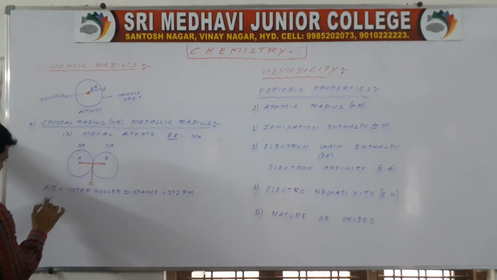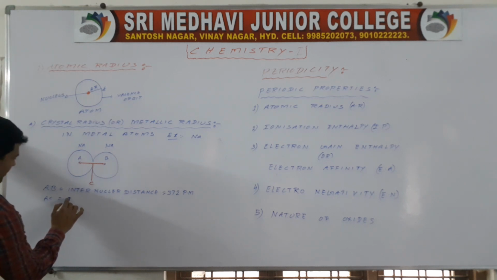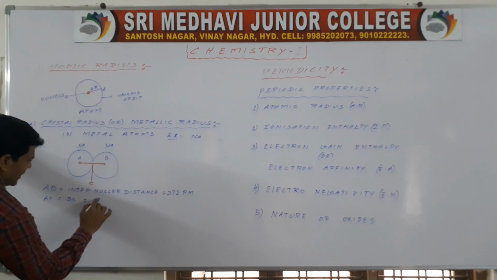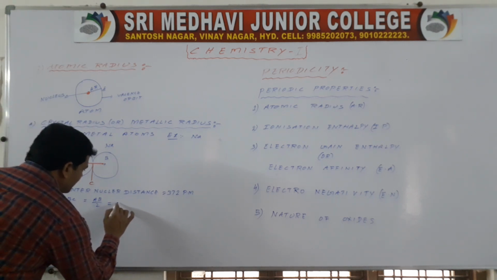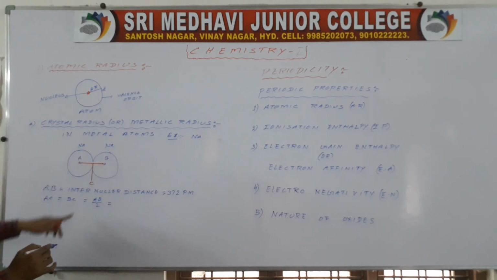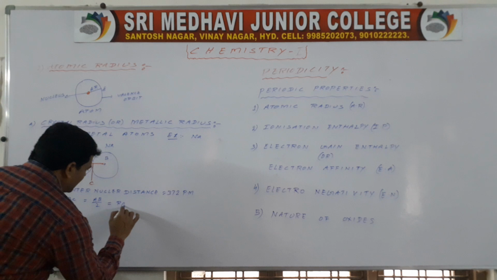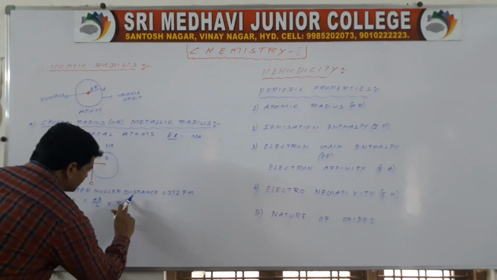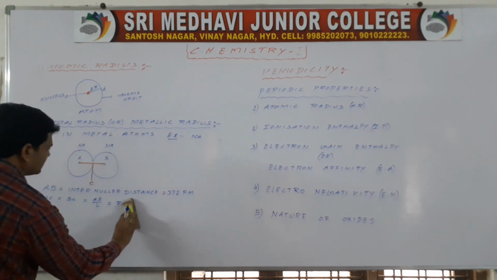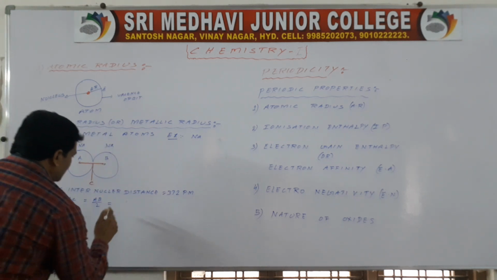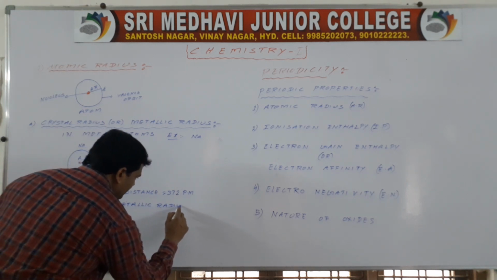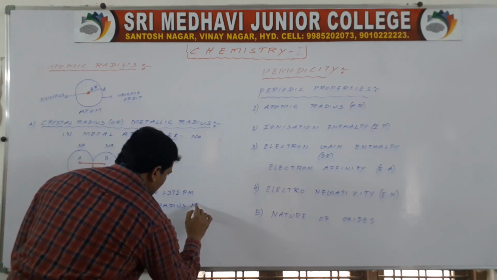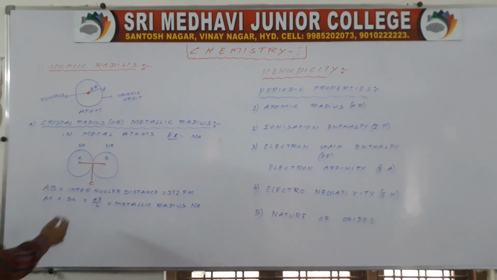Then AC equals BC equals AB by 2, and this is equal to the metallic radius of sodium.